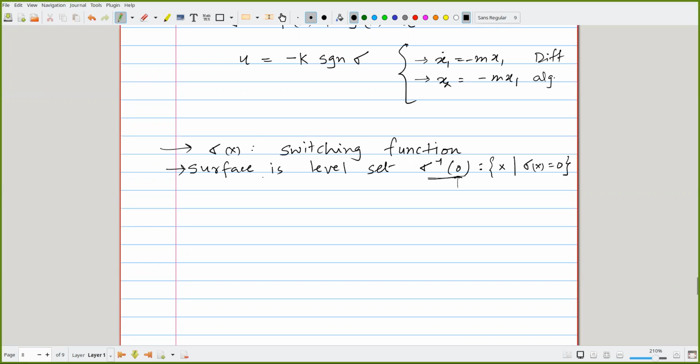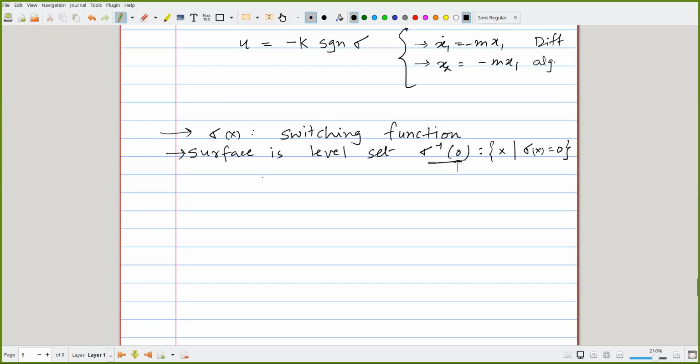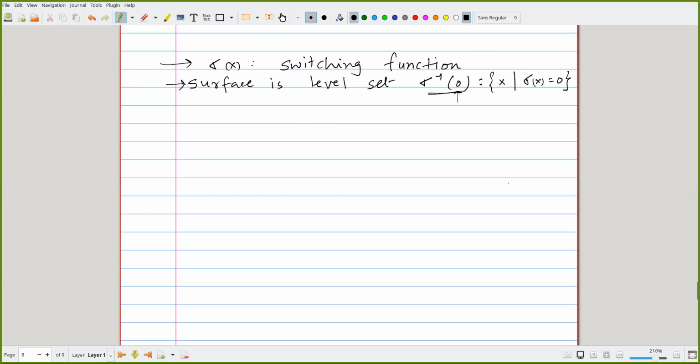You can have some other value of that function also. You can say you want to make a surface where sigma of x is equal to 5. Fine, that will give you another surface, and so on. So the surface is the level set of points x where sigma of x becomes 0, and sigma of x is just a switching function which we have designed, or have as an output.